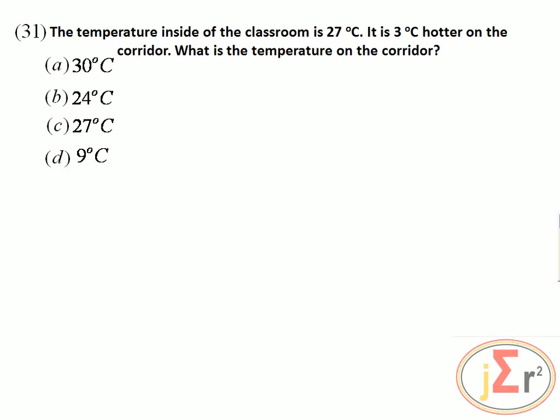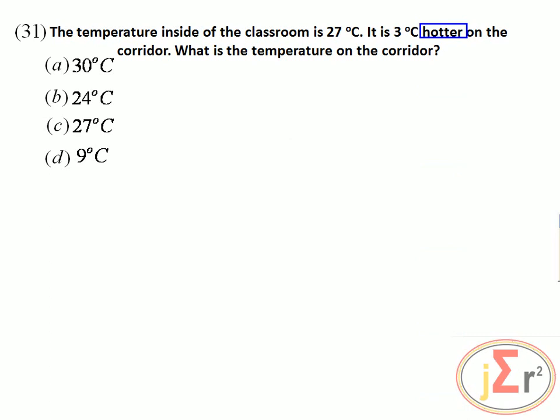The temperature inside of the classroom is 27 degrees Celsius. It is 3 degrees hotter on the corridor. What is the temperature on the corridor?